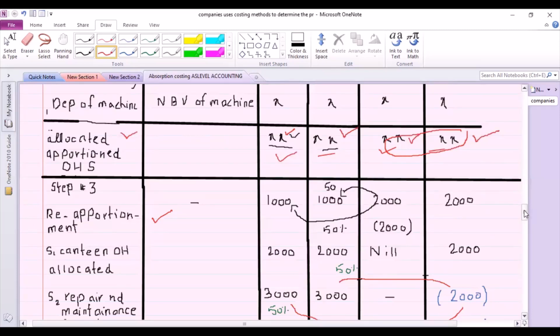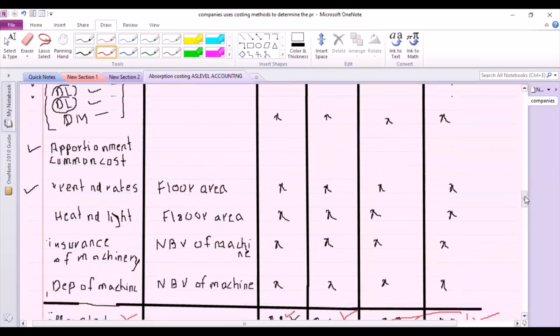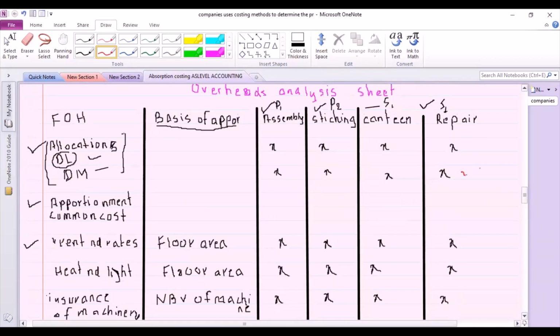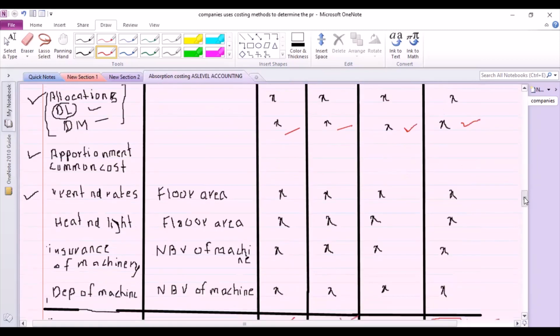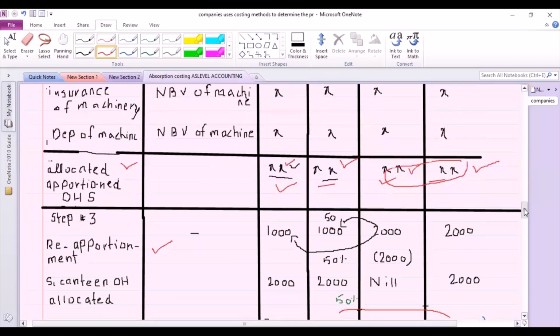Okay, this is just an example. When we calculate the allocations amount for each department, and add it to the apportionment cost, we have allocated apportioned overheads.